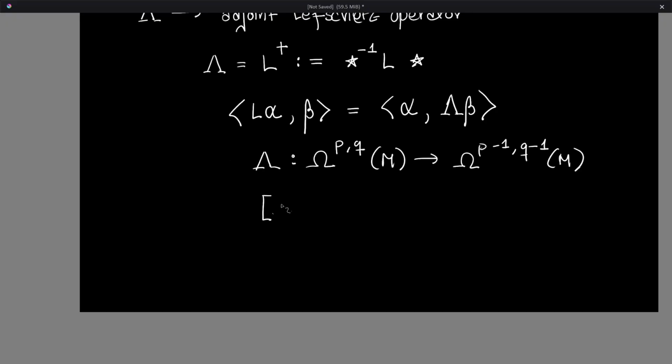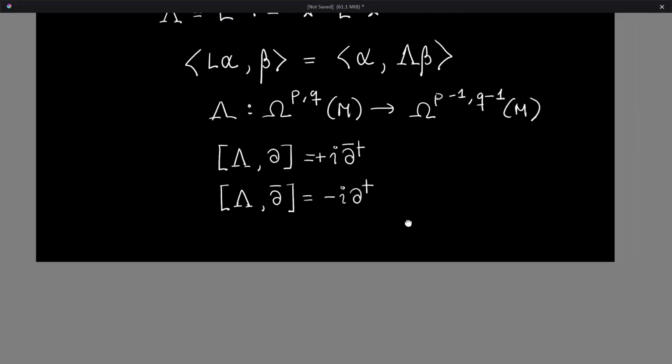It'll be written as a commutator between lambda and the Dolbeault operator, which will give us i times partial bar dagger, and lambda commutator with partial bar is going to be equal to minus i. Let me give you a plus here for symmetry. And here we have the adjoint Dolbeault operator.